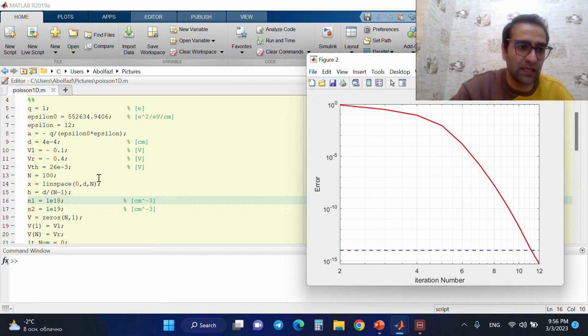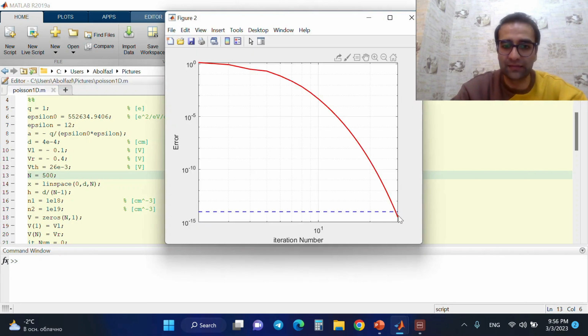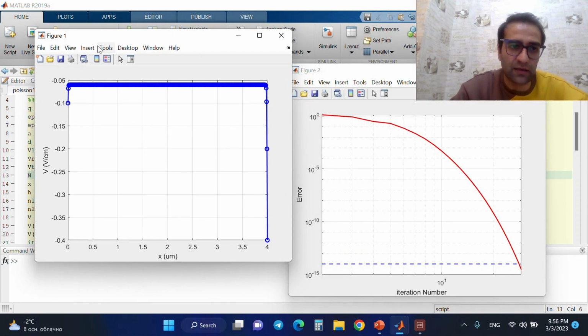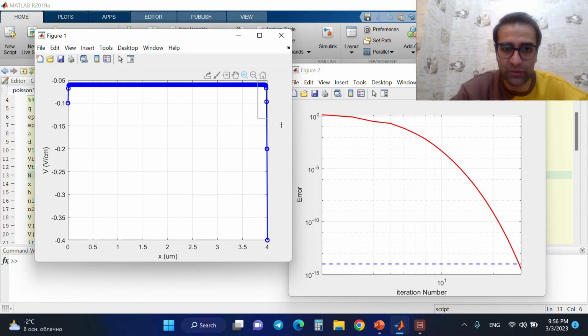If I increase the number of grids, for example from 100 to 500, pressing F5, the required iteration number increased, but we increase the accuracy of the potential close to the boundary.